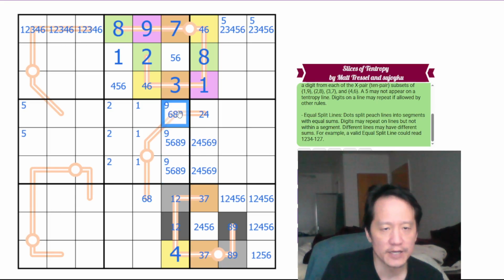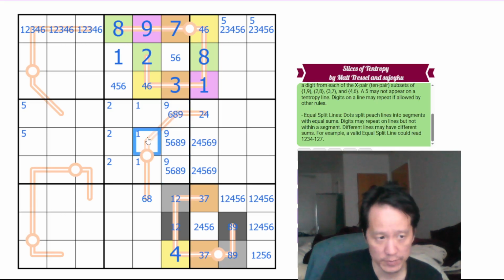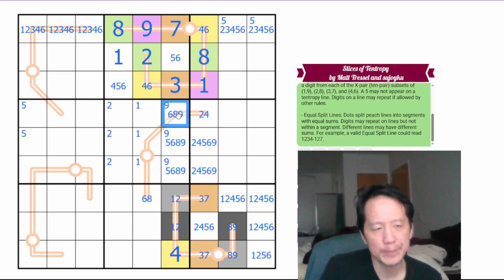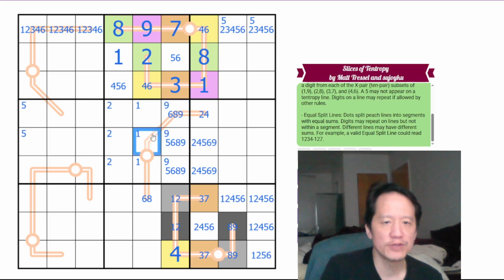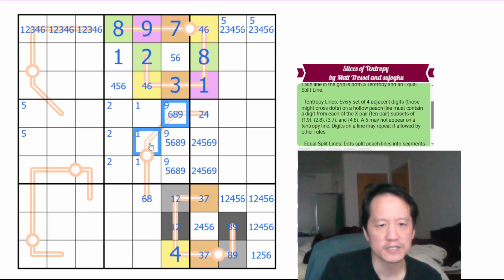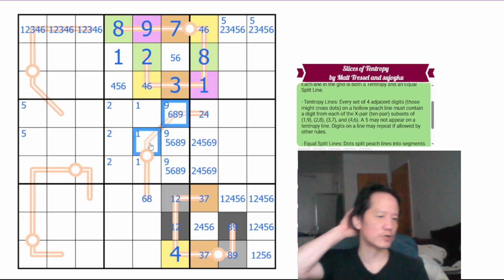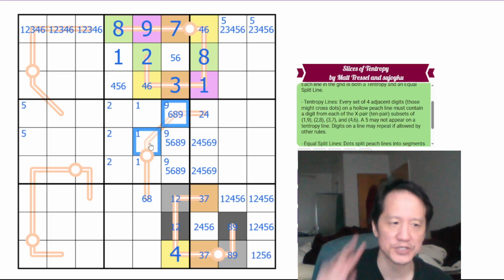If this is 9, it can never be with 1 here to add up to 10. So if this is 9, this has to be 3 at least, because it can't be 2, it can't be 1, because the Tentropy rule set prohibits the 9 and 1 from being next to each other on a Tentropy line, because they're the same subset.